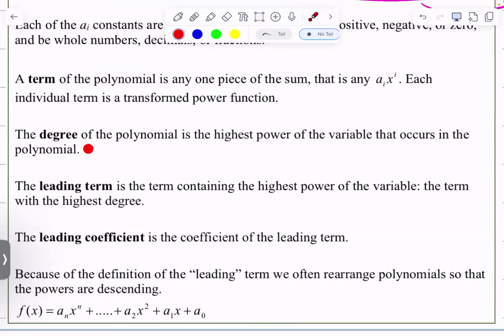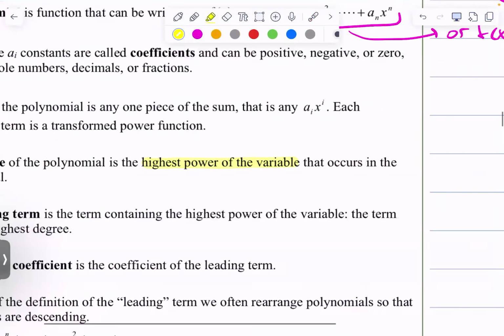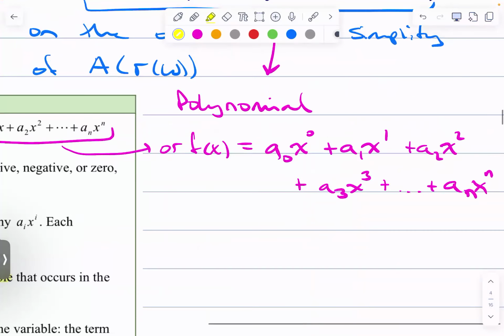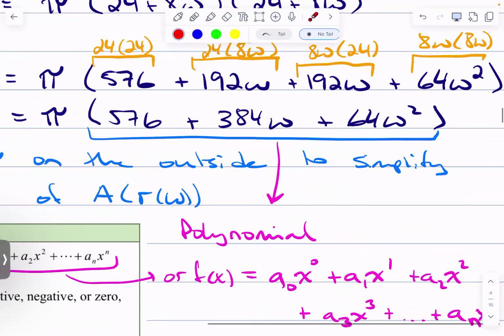The degree of the polynomial is the highest power of the variable that occurs in the polynomial. Generically, it'll be the nth power, but here, the highest power of w is 2, and so we would call this a polynomial of degree 2, because that's the highest power of w.